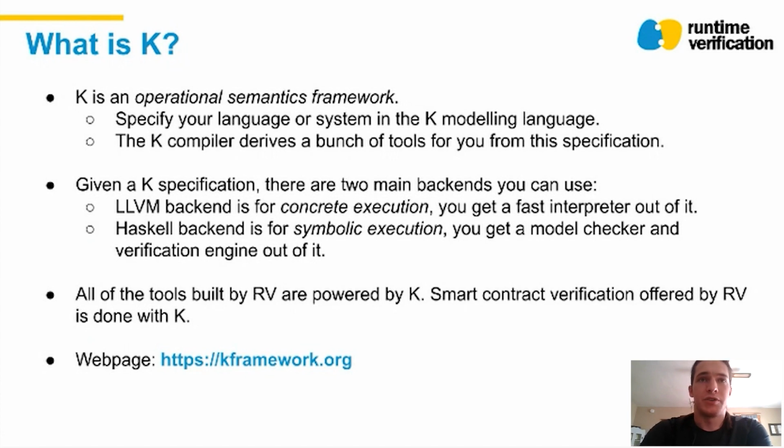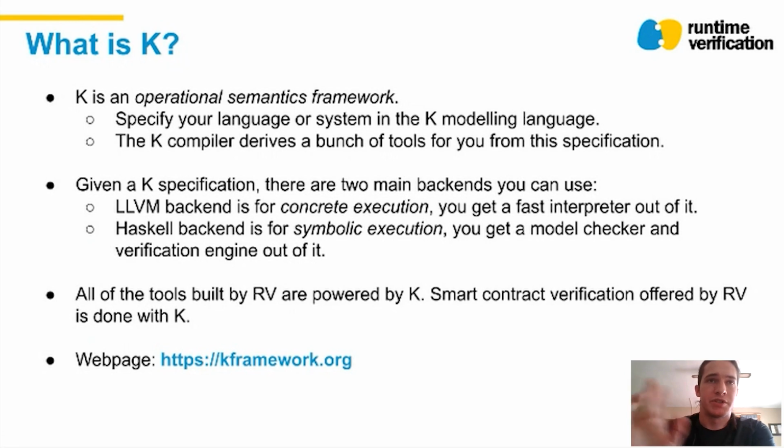And for that symbolic execution, we have further wrappers around that, which are completely language independent. They don't care about what language you're coming from. They turn that symbolic execution engine into a model checker, and into a verification engine. So all of the tools that are built by RV are powered by K. That's kind of our little slogan, powered by K. And all of our smart contract verification that we do at RV over the years is also done with K.